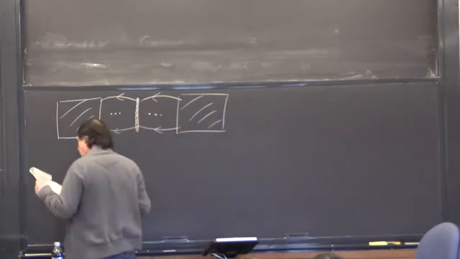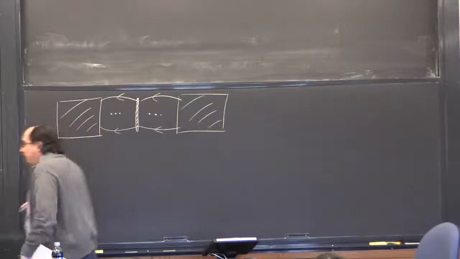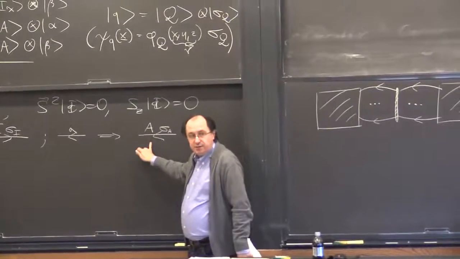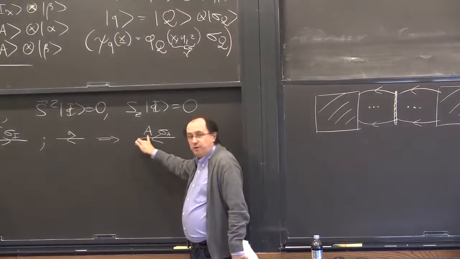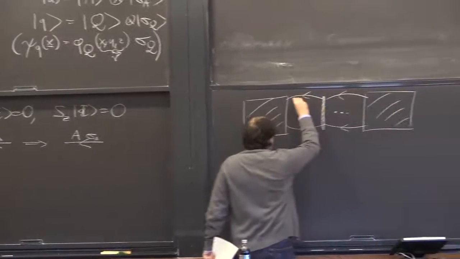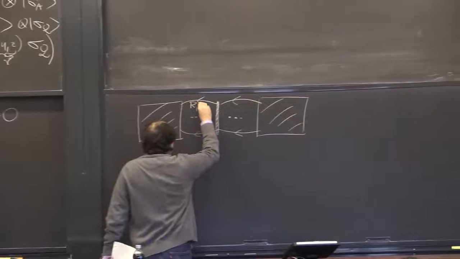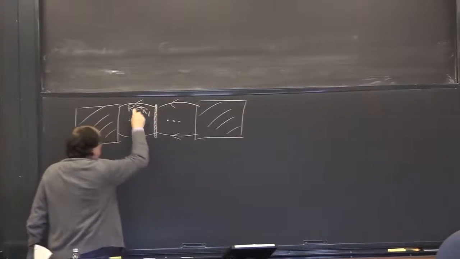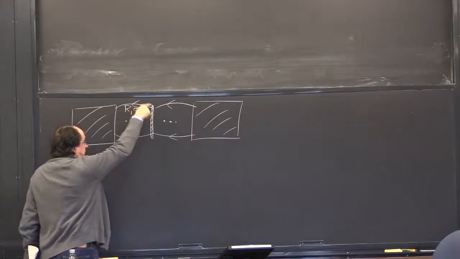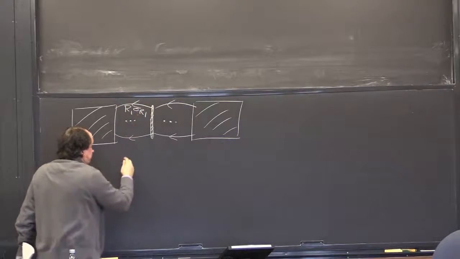So I will label them in a generic way, but according to this new convention where each line has two sets of indices: the indices for the orbitals and the indices for the spins. For example, this line would be R1, sigma R1, meaning that this is orbital R1 and the corresponding spin on this line is sigma R1.